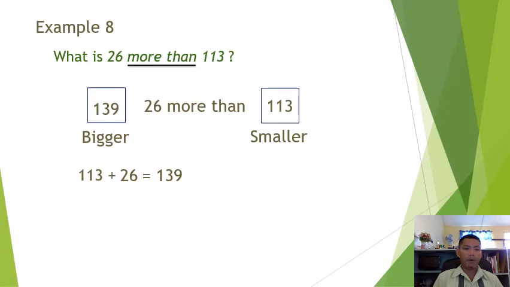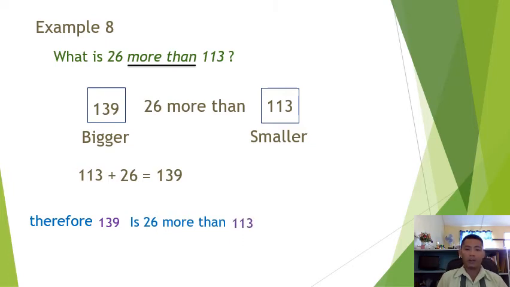The number 139 is more than 113 by 26. That's why we add 113 and 26. Therefore, 139 is 26 more than 113.